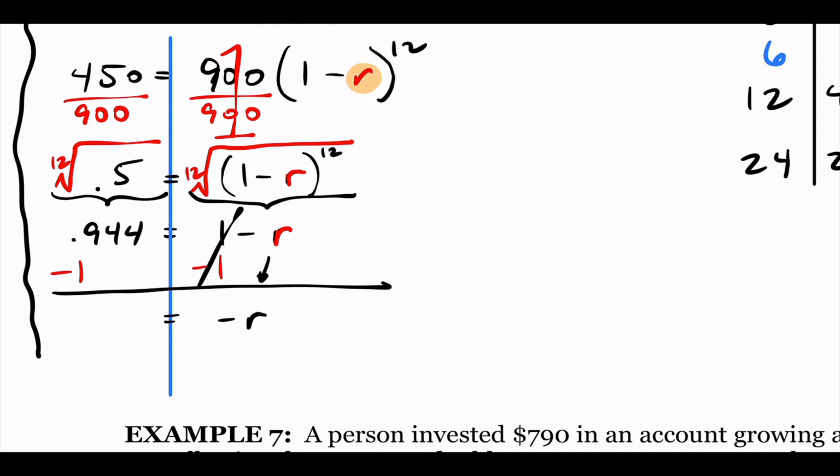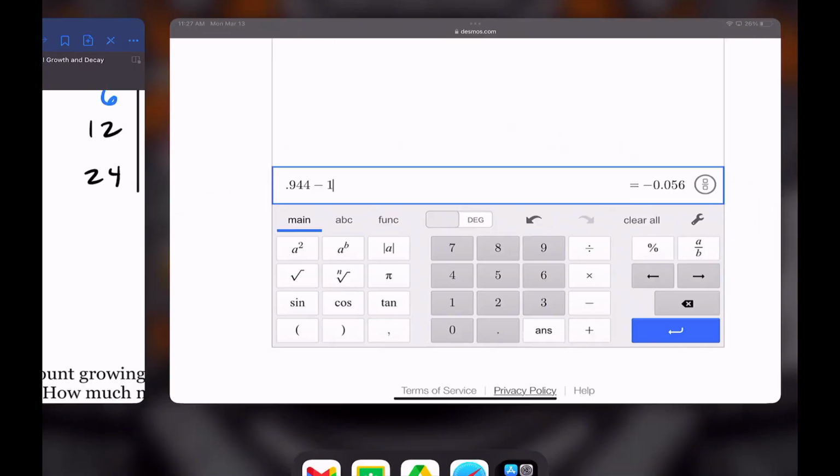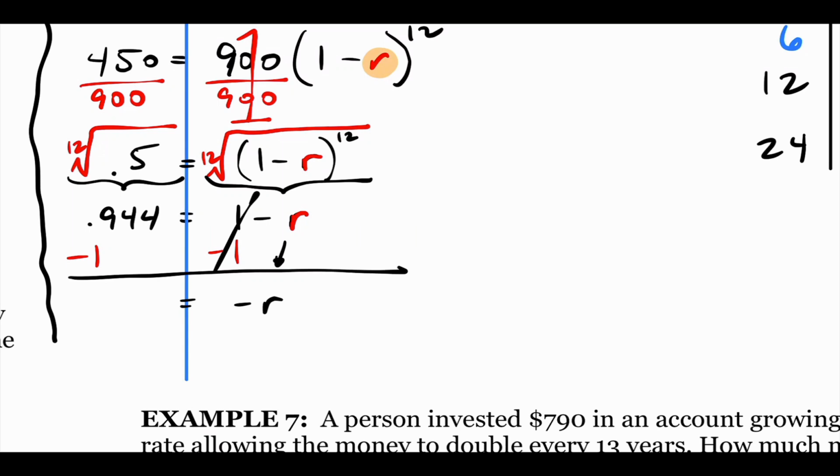So 0.944 minus 1 whole, I get a negative decimal. Negative 0.056. I'm going to write that down.